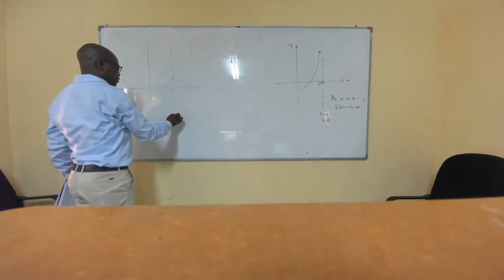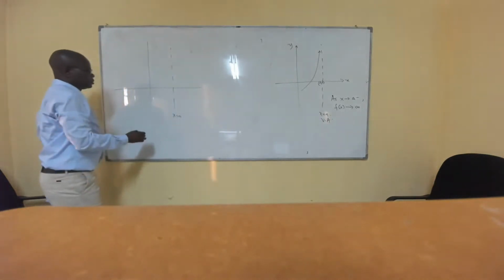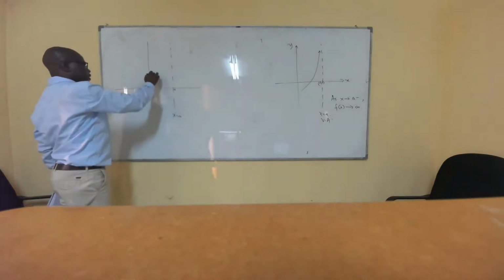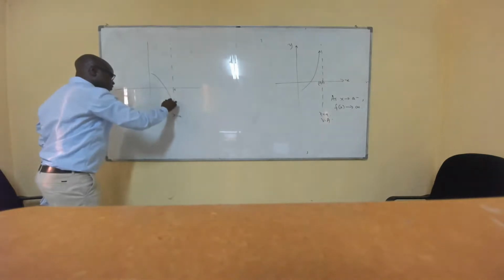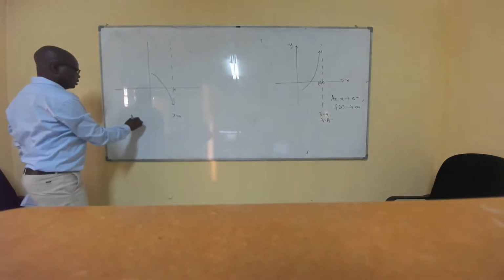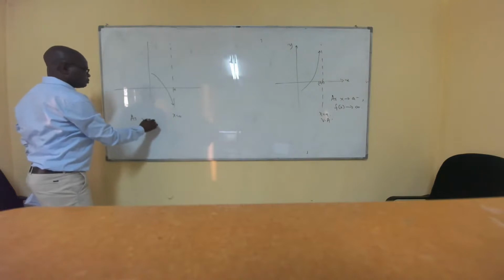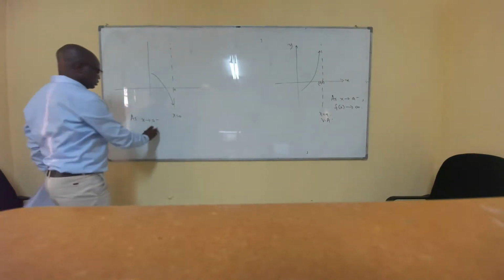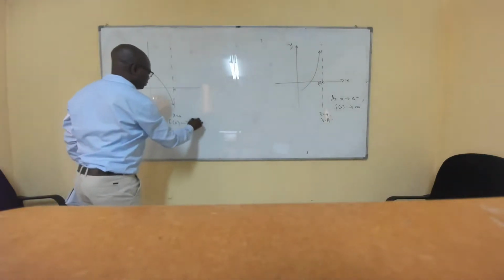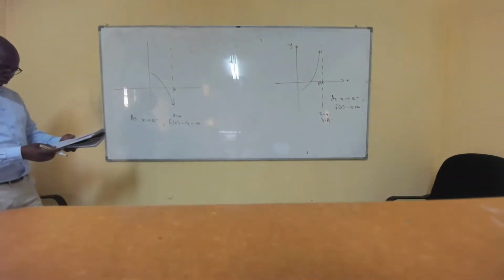This is x equal to a. It's also possible that this is a. So as we approach a, we are having something like this. As a is approached from the left, the functional values are decreasing without bound, meaning they are going to negative infinity.